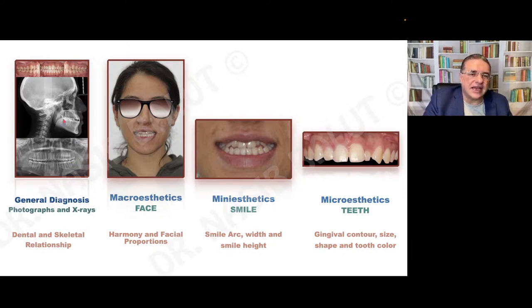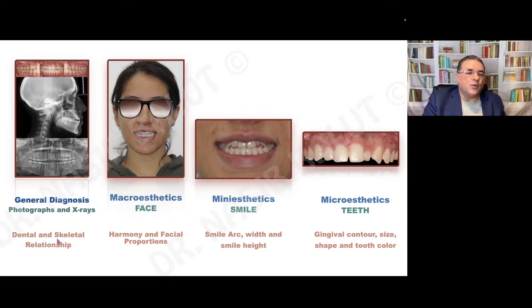Now I don't take the lateral ceph and pano. I do my diagnosis with the CBCT. And photographs will be very important to evaluate the macro, mini, and micro aesthetics that were suggested by Dr. David Sarver.